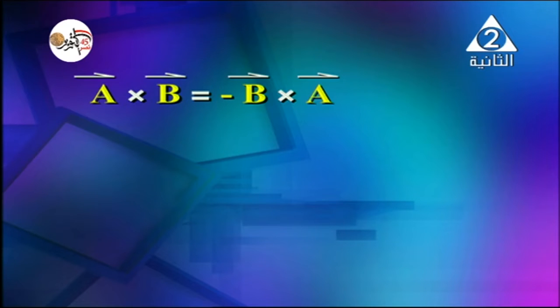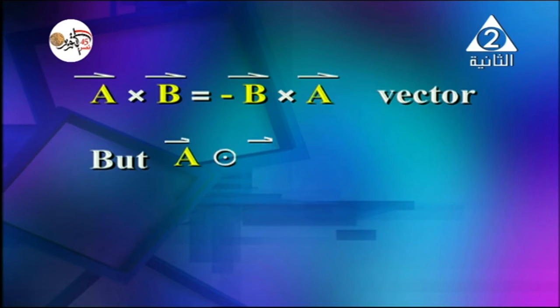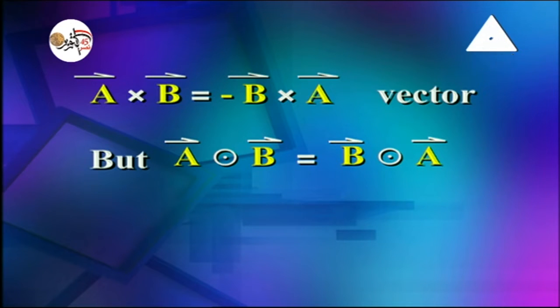A cross B equals negative B cross A. But A dot B equals B dot A. The first is the vector product, the second is the scalar product. Vector product: A cross B equals negative B cross A, but the scalar product A dot B equals B dot A.